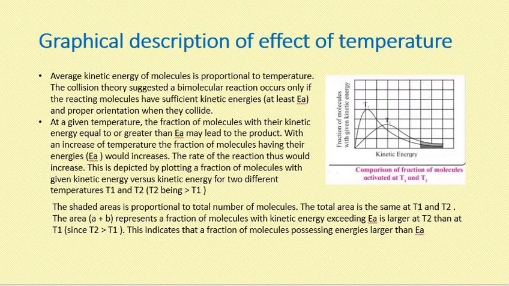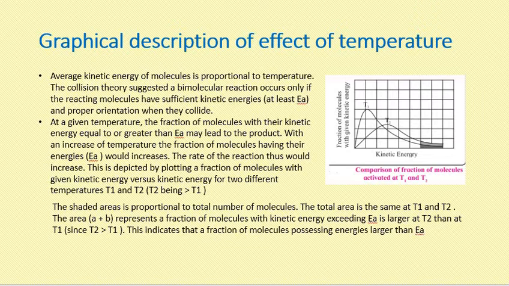This is shown by plotting the fraction of molecules with a given kinetic energy versus kinetic energy at two different temperatures, T1 and T2. The shaded area is proportional to the number of molecules. The total area is the same at T1 and T2, and the area A plus B represents the fraction of molecules with kinetic energy exceeding activation energy, which is larger at T2 and lower at T1.